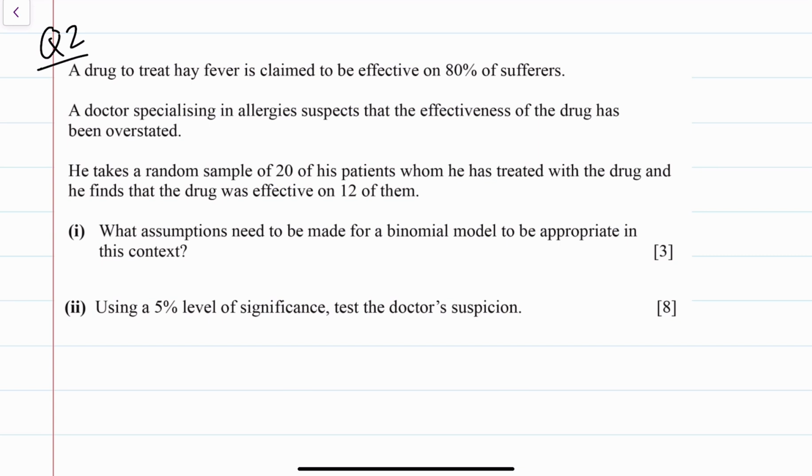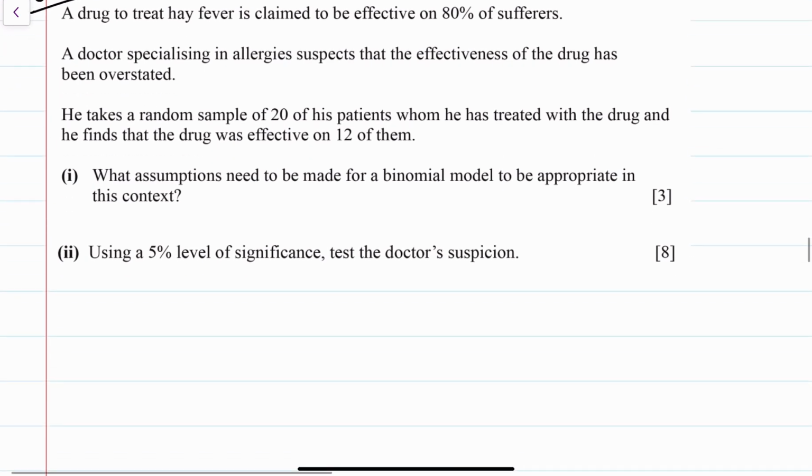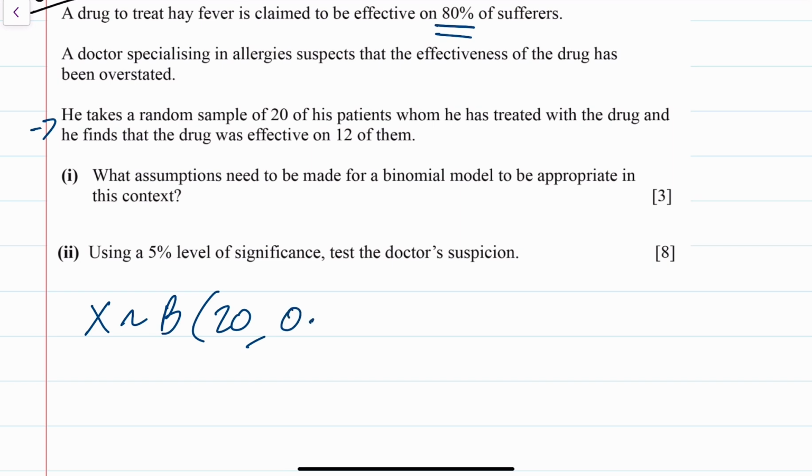He takes a random sample of 20 of his patients whom he has treated with the drug, and he finds the drug was effective on 12 of them. First of all, let's say how this is distributed. X is distributed binomial. My N is 20, and my P is claimed to be 80%, so 0.8.